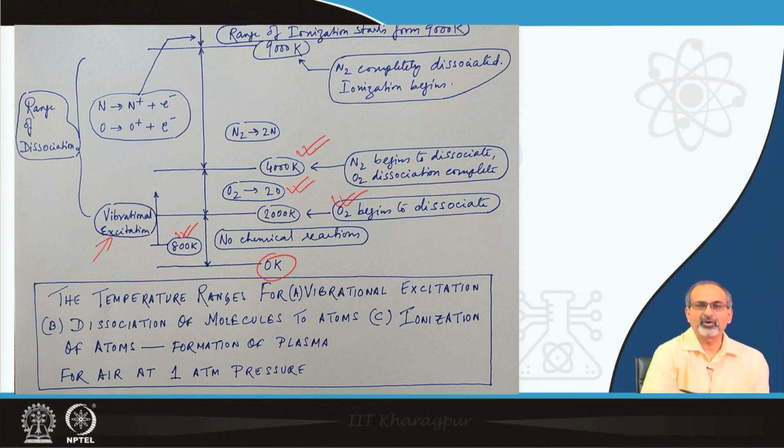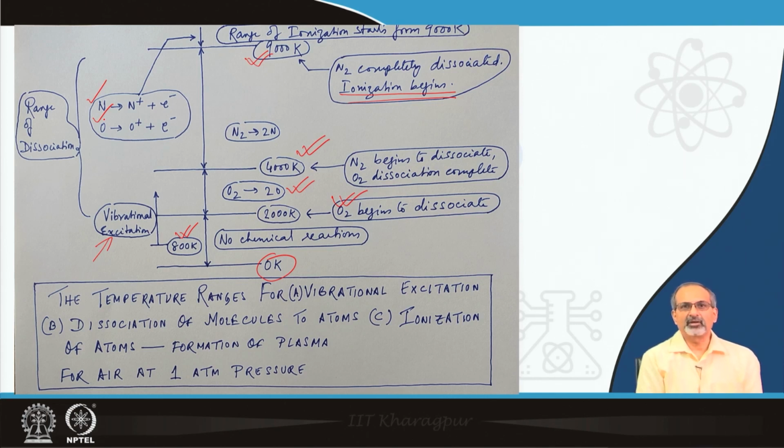This goes on till about 4000 Kelvin or so, when oxygen dissociation is more or less complete, followed by the start of nitrogen molecule dissociation, which continues till as high as 9000 Kelvin, and beyond 9000 Kelvin nitrogen is nearly completely dissociated and ionization begins, which basically means nitrogen and oxygen atoms then start forming ions and releasing free electrons.